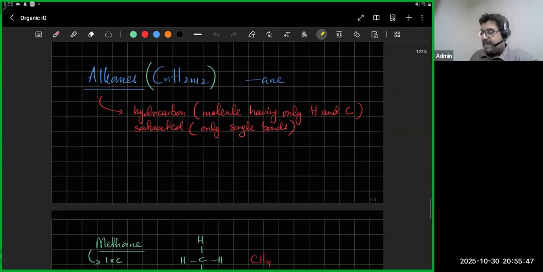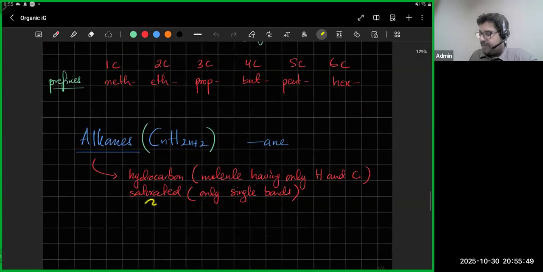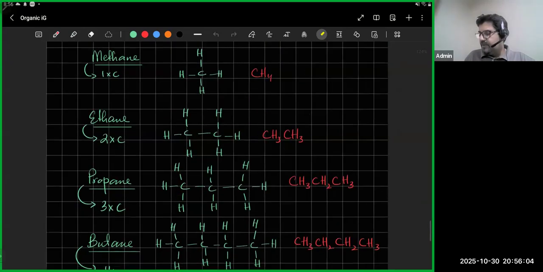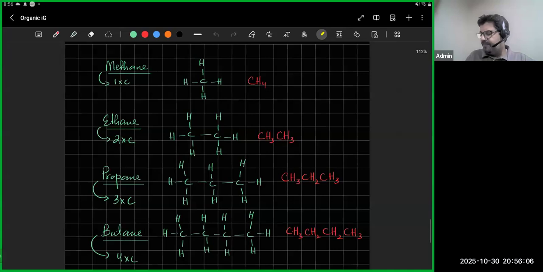Alkanes were saturated, meaning they had only single bonds. They were saturated hydrocarbons, all single bonds. Hydrocarbons means you just have hydrogen and carbon. They had a general formula as well, which was CnH2n+2.